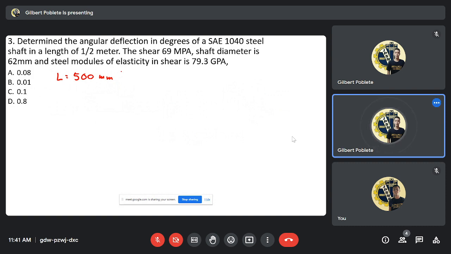So, ang shear stress naman natin is 69 MPa. Meron tayong diameter na given na 62 millimeter. Tapos meron tayong modulus of elasticity na 79.3 GPa.